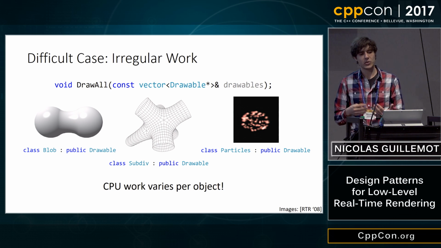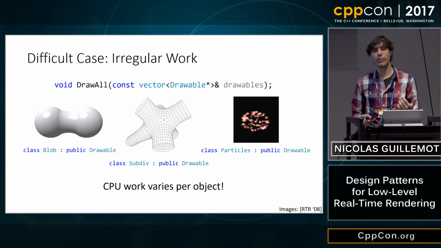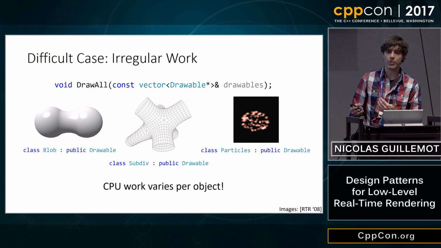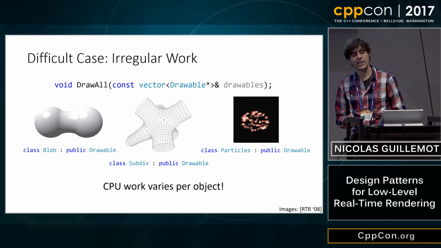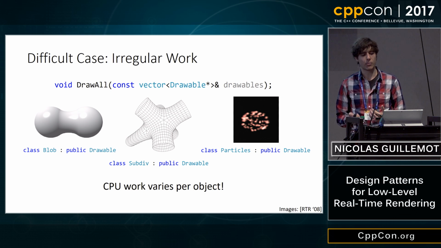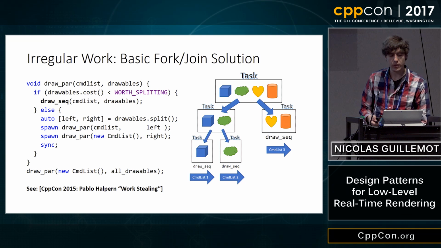If you want to have all sorts of different objects rendering like this, then the amount of CPU work that is required to render one of these objects changes depending on what type of object it is, and maybe other things that are hard to measure, like how far it is from the camera, or how much of it is actually visible to the camera. In these cases, we have to adopt a slightly more sophisticated approach than a parallel for each, if we want to be efficient, I suppose.